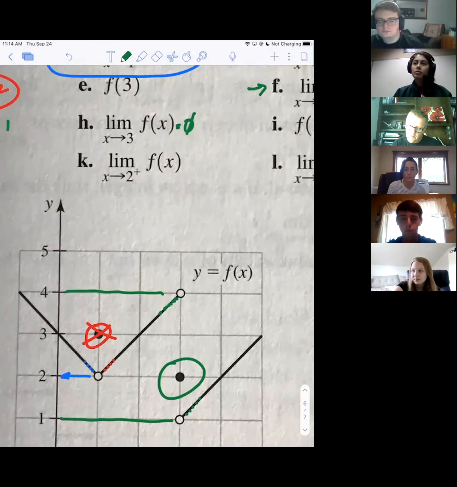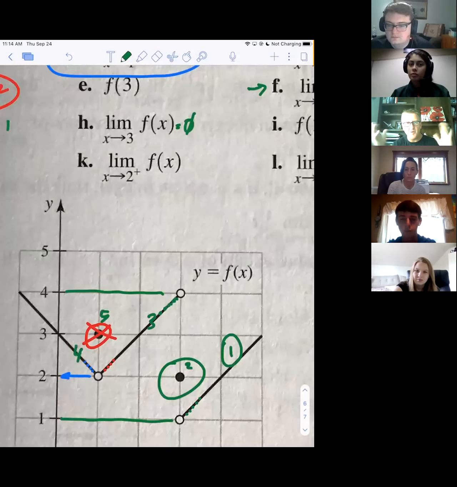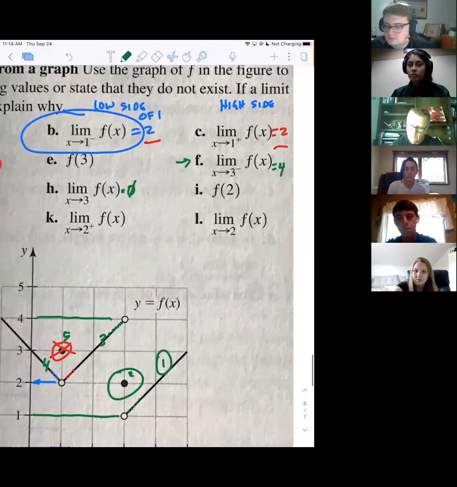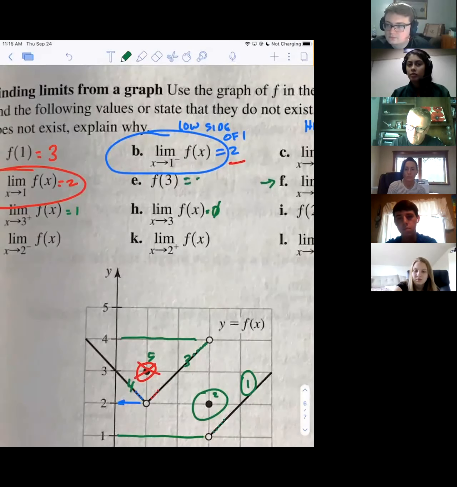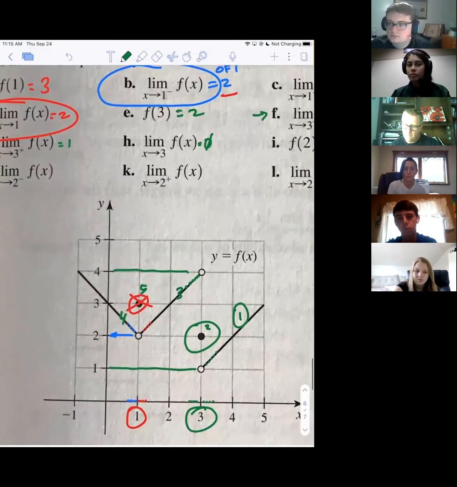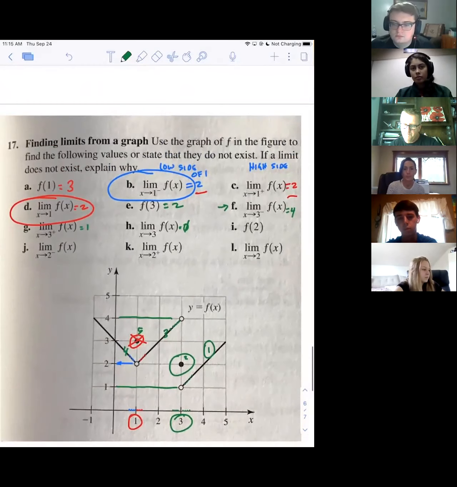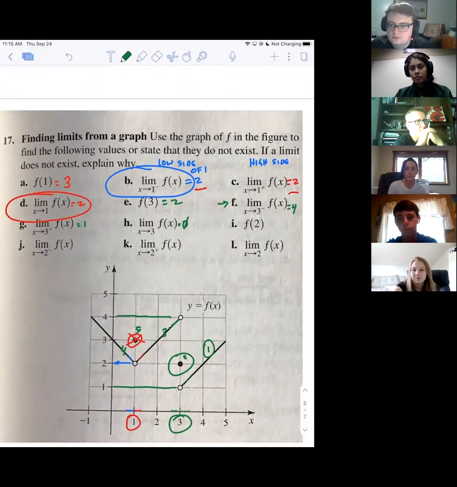So really, this is like 5 separate graphs in a sense. Really kind of contrived stuff.